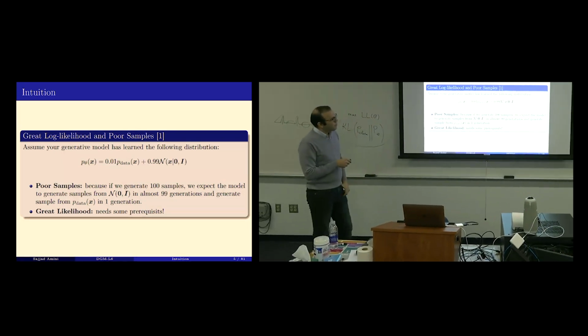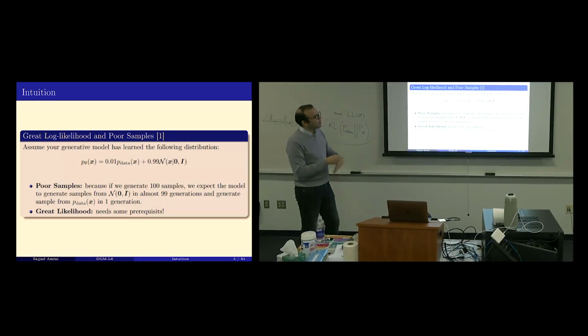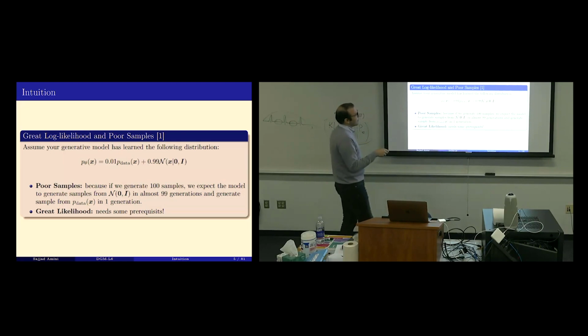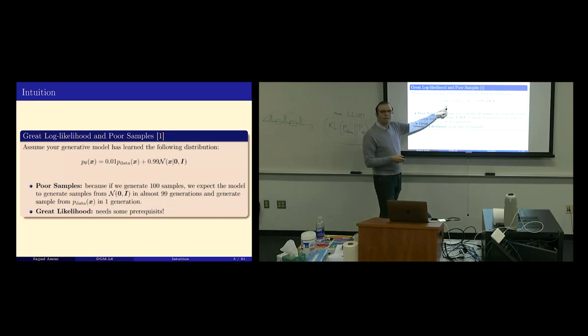How? Assume I have this model. I train a model and convert this to this one. We want to show that this model has a great likelihood, but it gives you poor samples. Why does this model give poor samples?